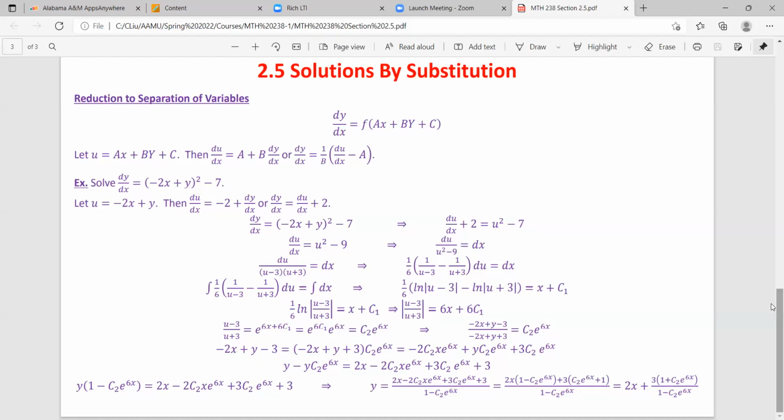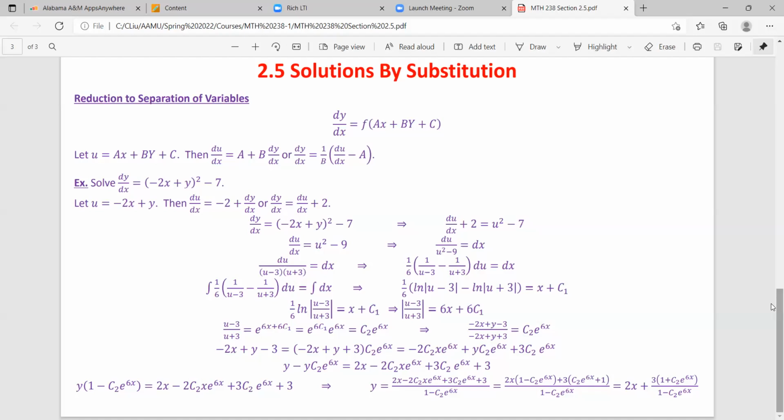So once again, we got u squared minus 9 in the denominator that we can factor as u minus 3 and u plus 3. And we can use decomposition of fractions, or partial fraction decomposition, if you remember what we did last time.